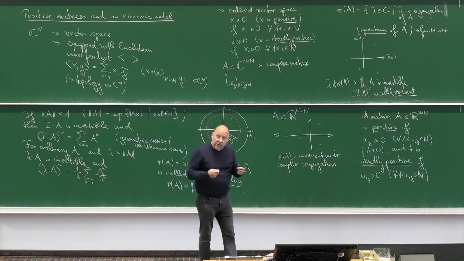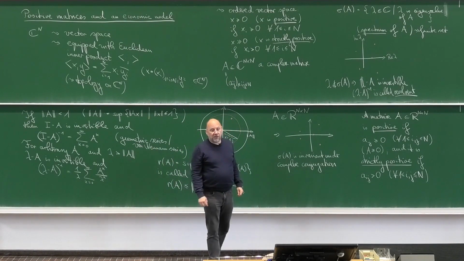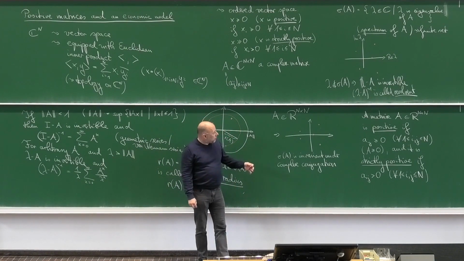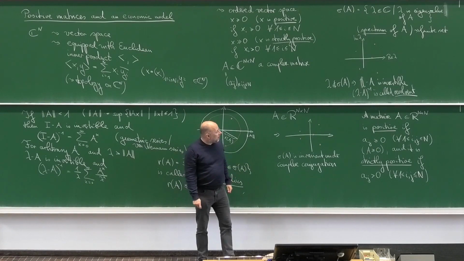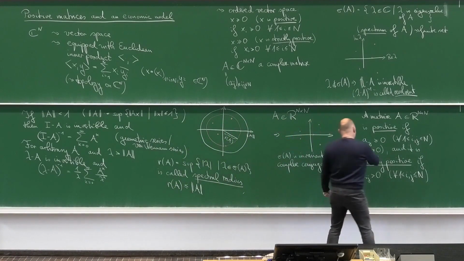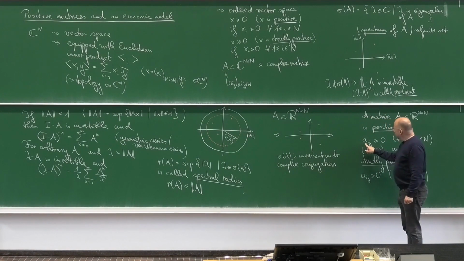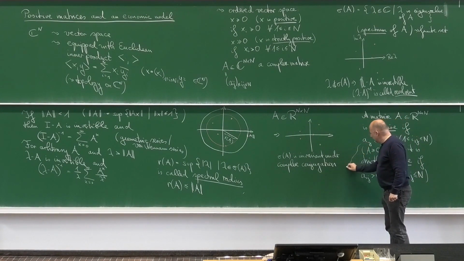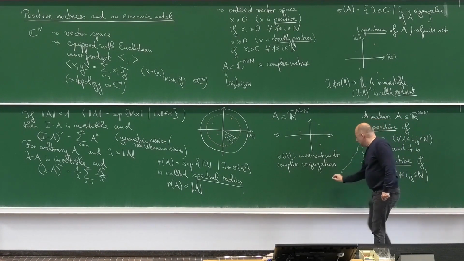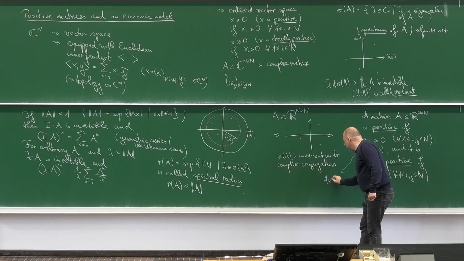And this actually characterizes positive matrices. So that would be an alternative definition to positivity here, that Ax is greater or equal to 0 for every x greater than 0.